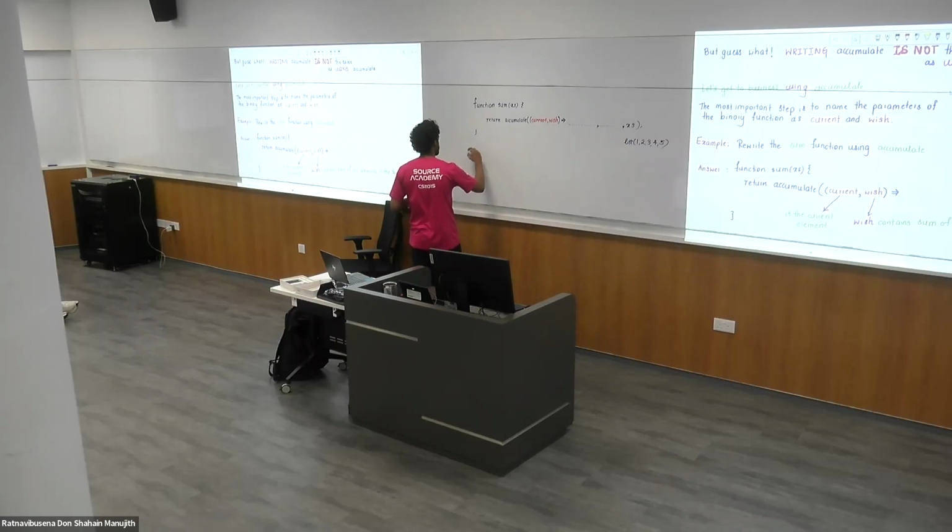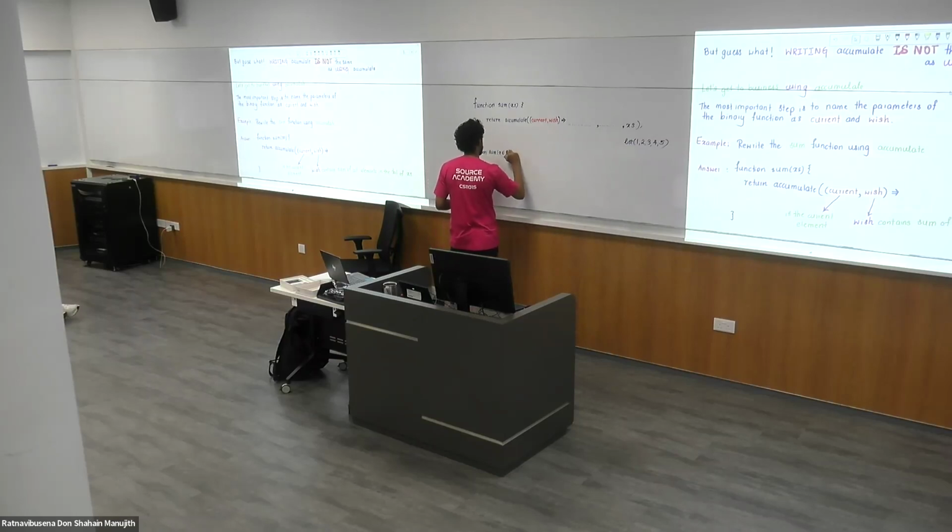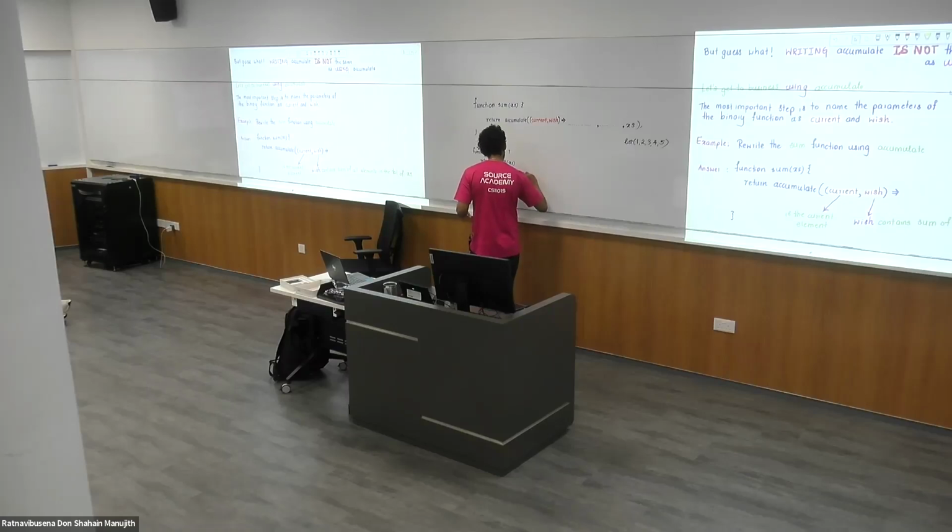So we had function sum xs, and what did we do? This is a normal function. Return, if is null xs, return 0. If not, head of xs plus sum of tail of xs.